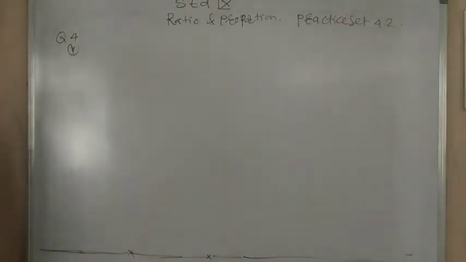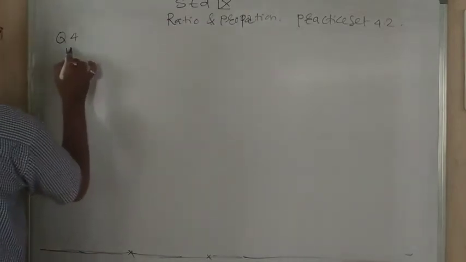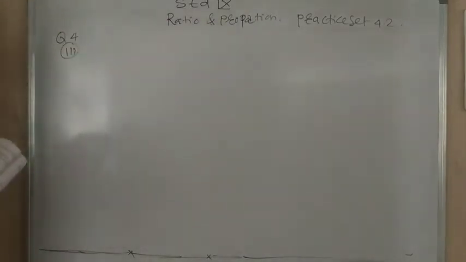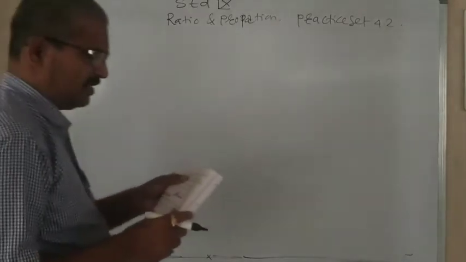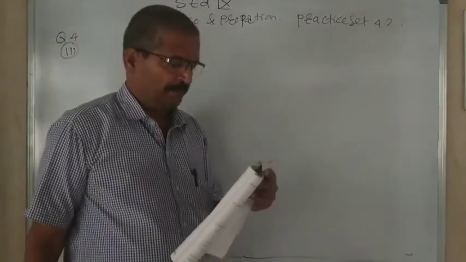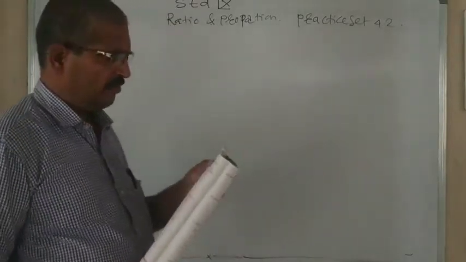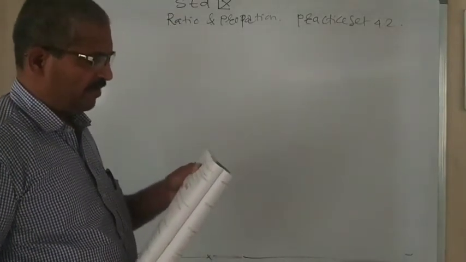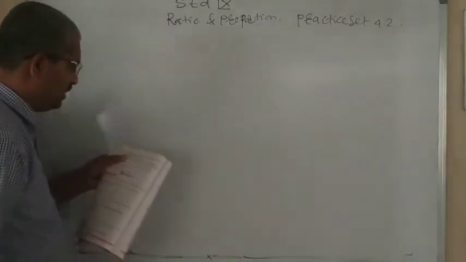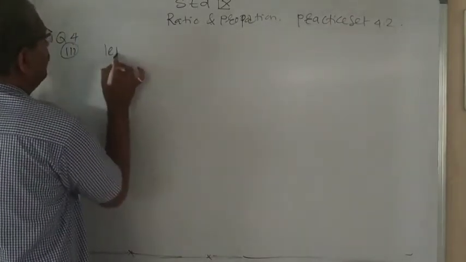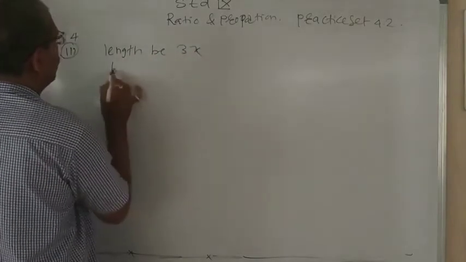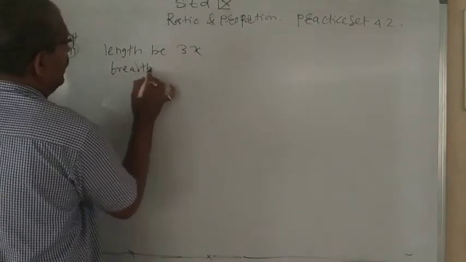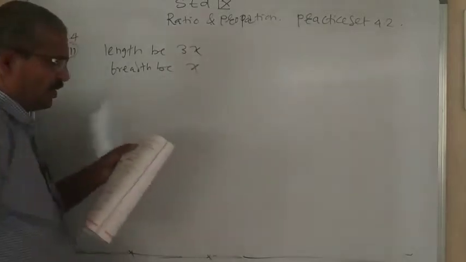Question number 3. The ratio of length and breadth of a rectangle is 3:1 and its perimeter is 36, given. Find the length and breadth of the rectangle. Means here length be 3x, breadth be x, 3:1 given.